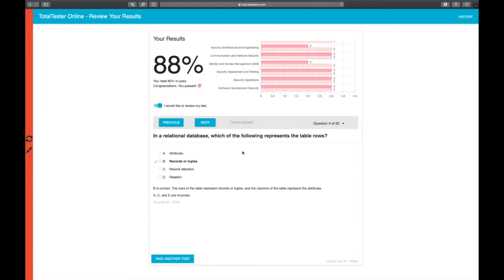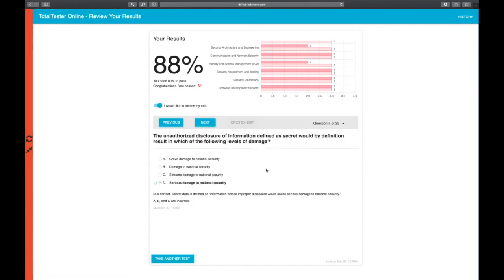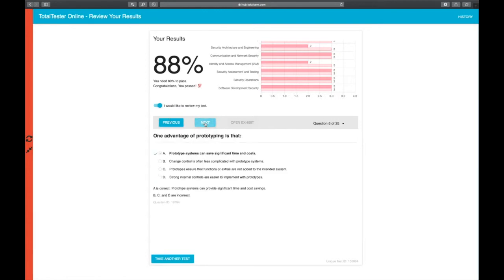Number 4, the rows of the table represent records or tuples, and the columns of the table represent attributes of those records or tuples. Secret data, number 5: secret data is defined as information whose improper disclosure would cause serious damage to national security. Number 6, prototype systems can provide significant time and cost savings.